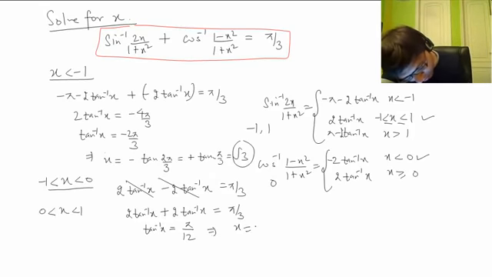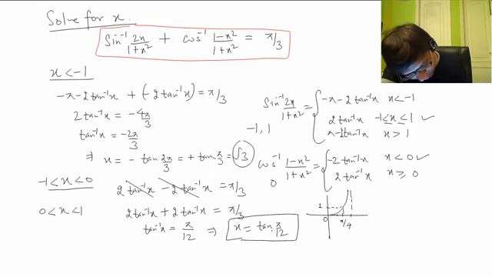So x equals tan pi by 12, and you can see it's a positive value between 0 and 1, because tan pi by 4 is 1, so obviously pi by 12 is somewhere here, between 0 and 1. So this satisfies the interval also.